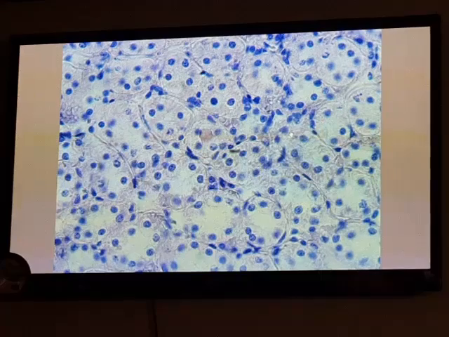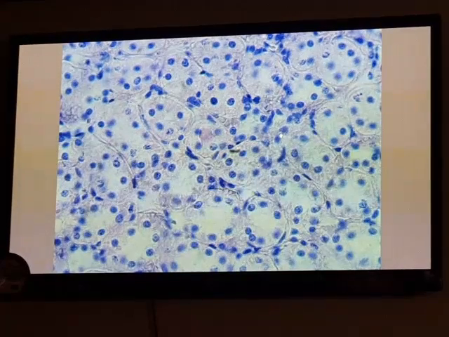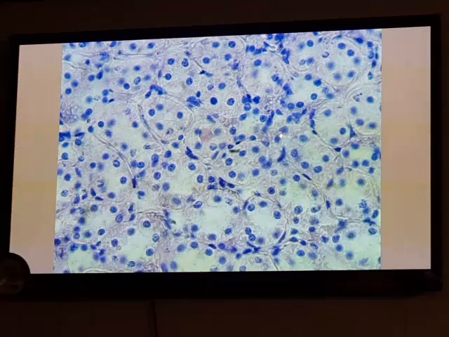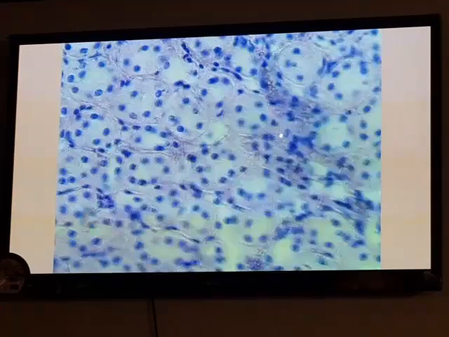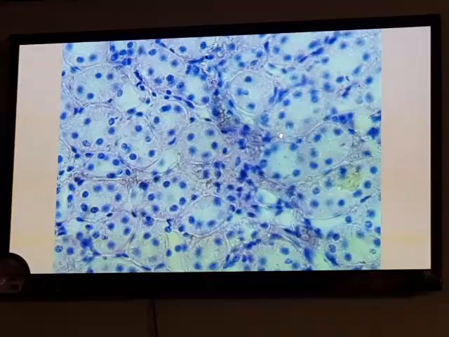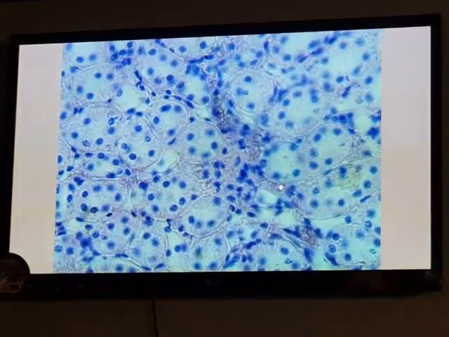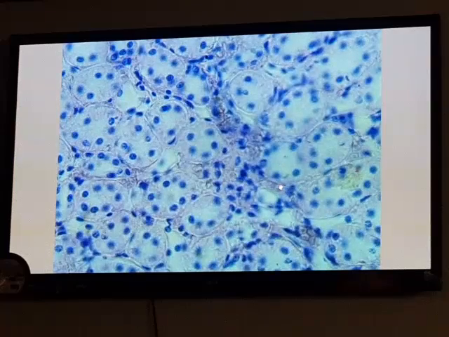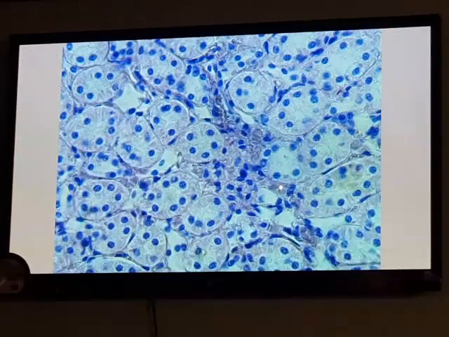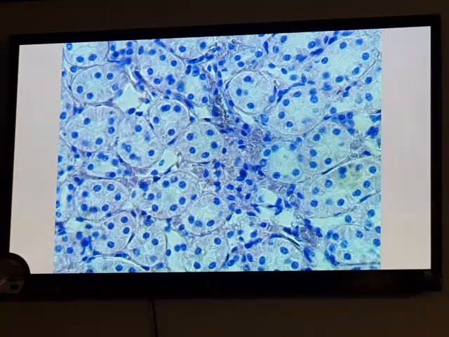The thin segment has slightly cuboidal or simple squamous epithelium. This is the thin segment.